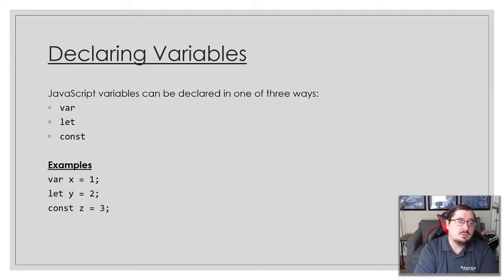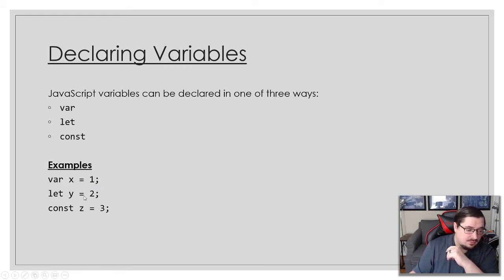Okay, so nowadays there are actually 3 different ways to declare variables in JavaScript. You can declare them with the var keyword, the let keyword, or the const keyword. For example, if I say var x equals 1, I'm declaring a variable named x and assigning it a value 1.